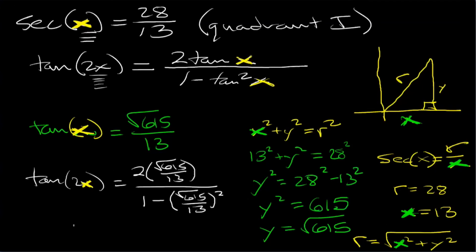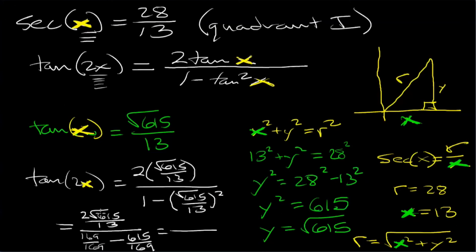Okay, and so then simplifying that, it's going to be 2 root 615 over 13, all divided by, and when I square this, what's 13 squared? 169. So I'm going to write number 1 there as 169 over 169, so that when I square this, I can find a common denominator quickly and easily. And so that would be 615 over 169.